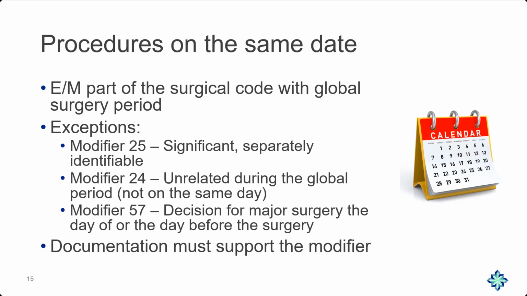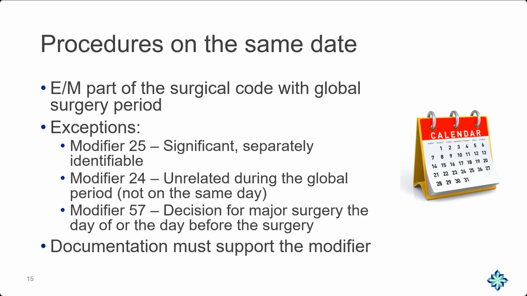So modifier 24 is not going to apply on a procedure that has a 0-day global period, because that's the day of the surgery. It would apply to anything with a 10 or 90-day global period because, again, we're talking about it being unrelated. And in that documentation, we are going to need to see whether or not that E&M is related to that surgery, okay?